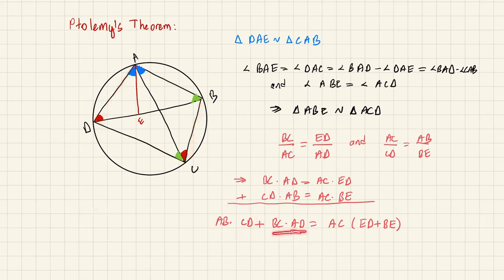When you add that product, the result is going to be equal to AC, which is one diagonal, times ED plus BE. ED plus EB is actually BD, so we can complete it that way. AB times CD plus BC times AD is equal to AC times BD. So this is actually our result, this is Ptolemy's theorem.